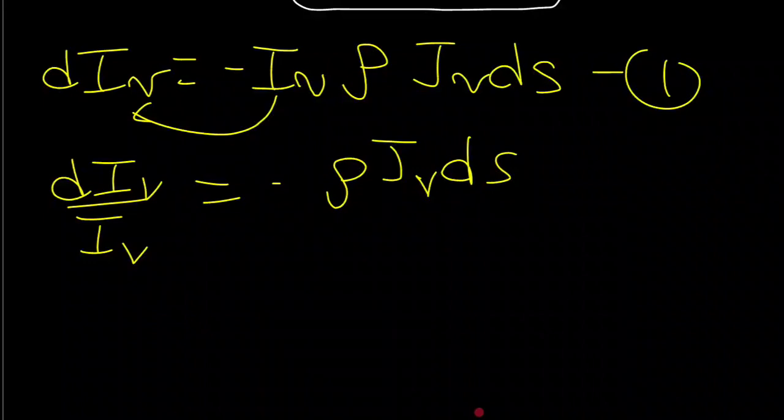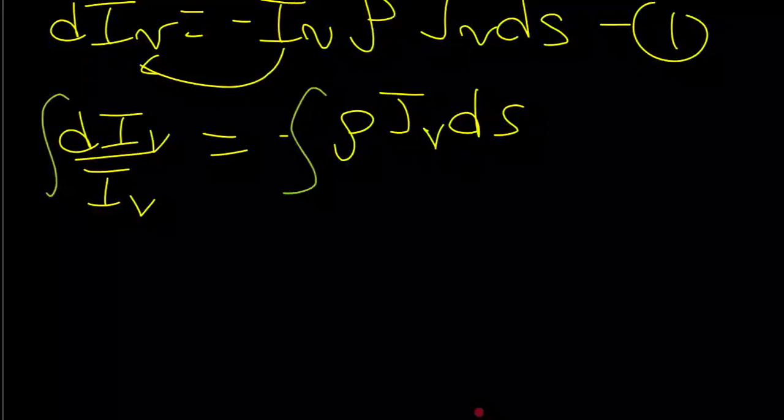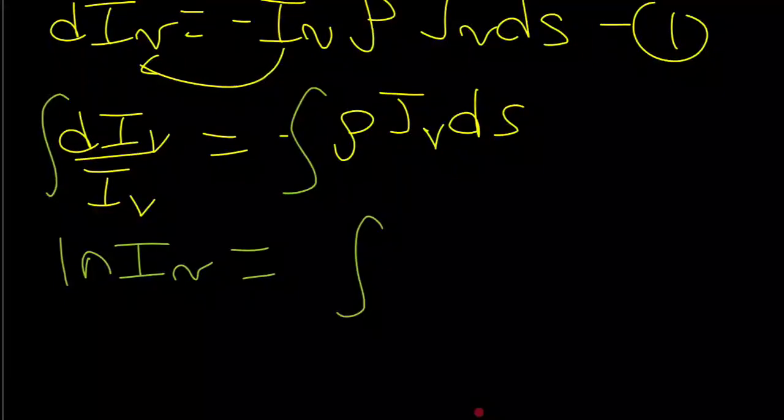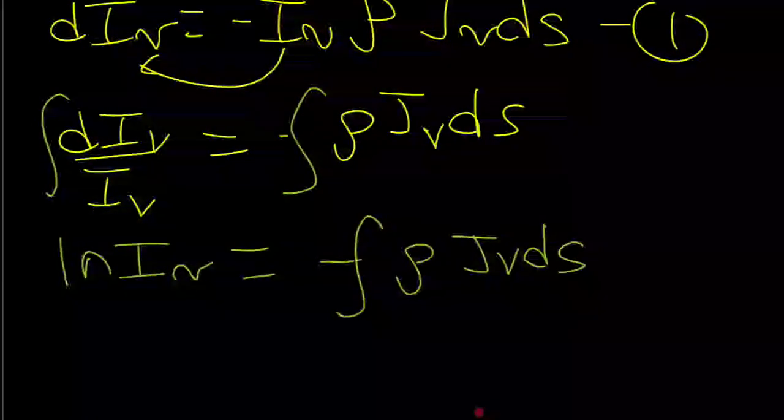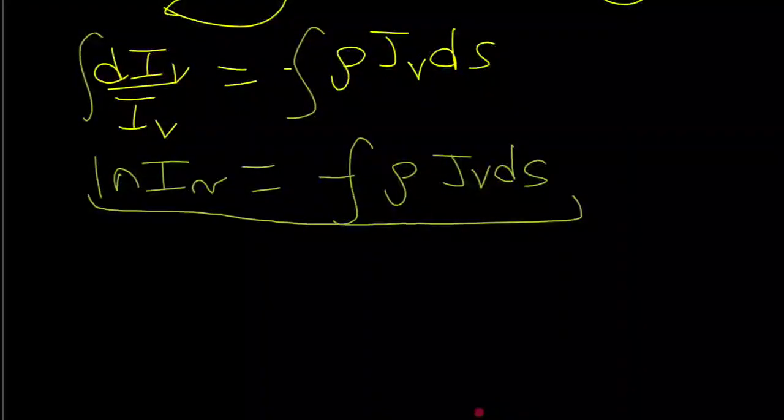Now what I'm trying to do is figure out the formula which can calculate the decrease in the intensity of the radiation. So now what I'm going to do is perform the integration. When you do integration, you know this is going to be ln I mu is equal to the negative integral of rho k mu ds, and I can generally transform this into the e to the power term.